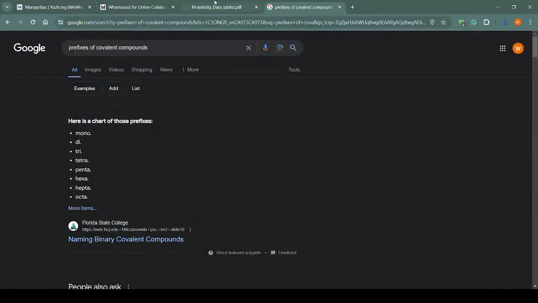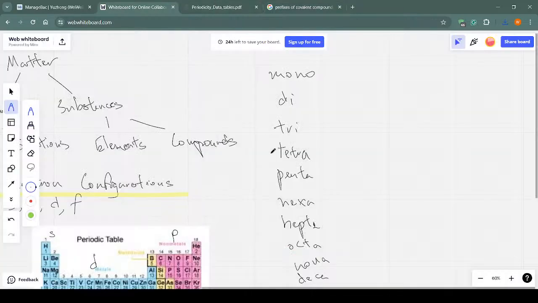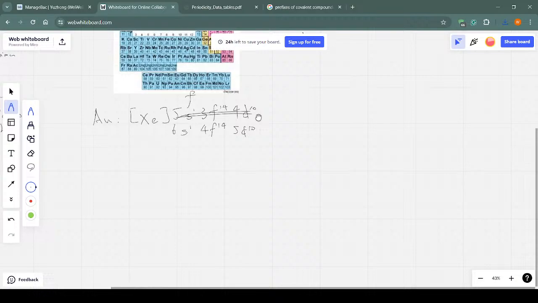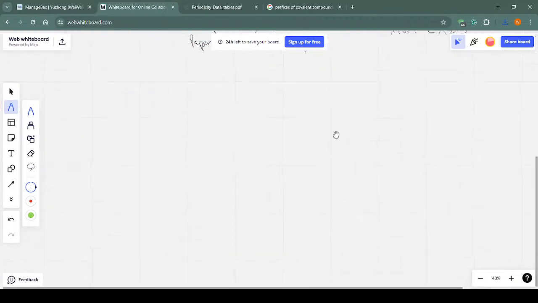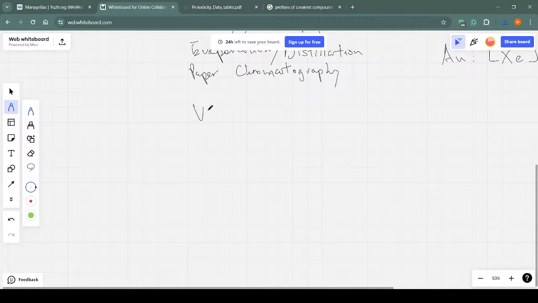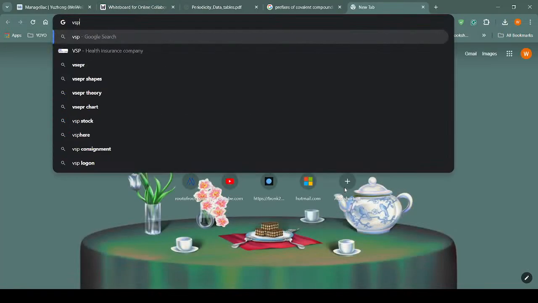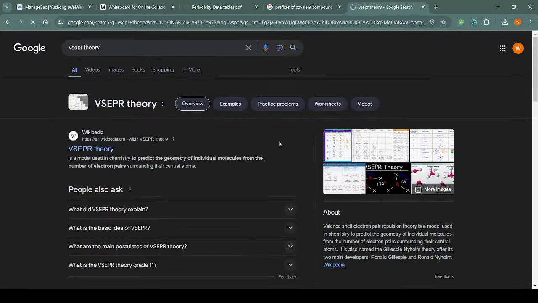Valence shell electron something repulsion? Valence shell electron pair repulsion.